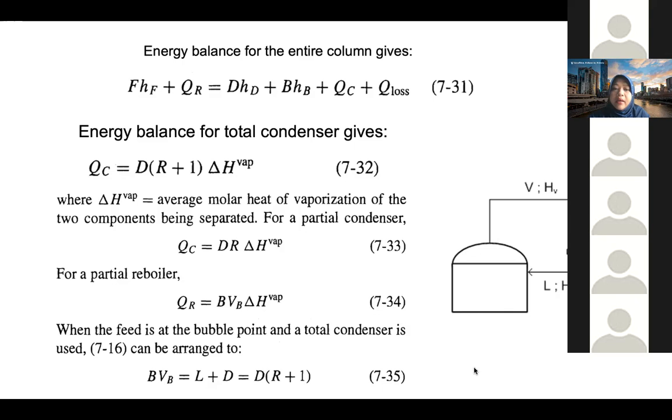Okay, and then again, this is also for the partial reboiler. The flow rate of B multiplied with the vapor phase, and then multiplied again with the vaporization.